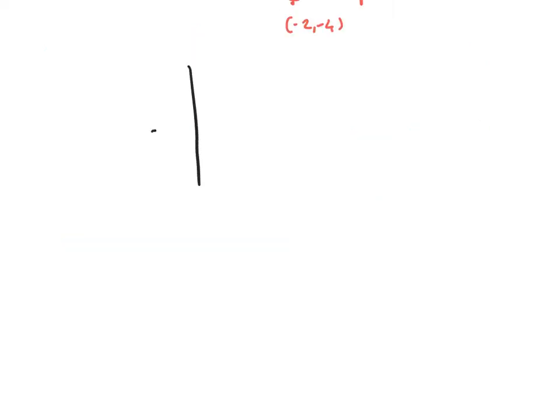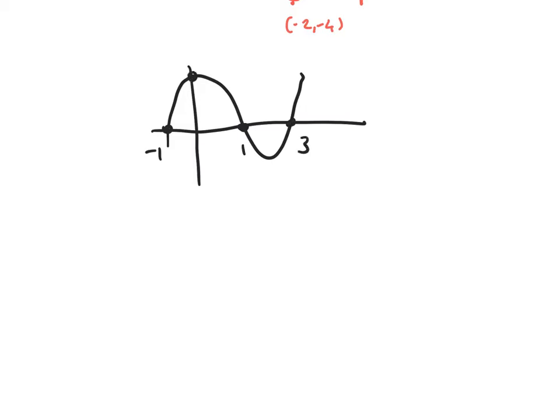Okay, let's try another. Okay, so I've got an original function this time that looks a bit like this. Okay, so I'm cutting the x-axis at -1, 1 and 3, and the y-axis at 2. That's the original function, y equals f of x.